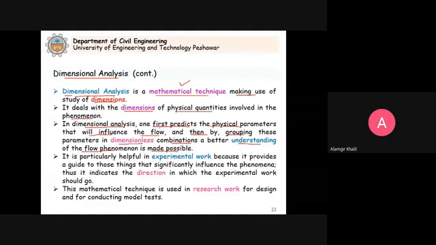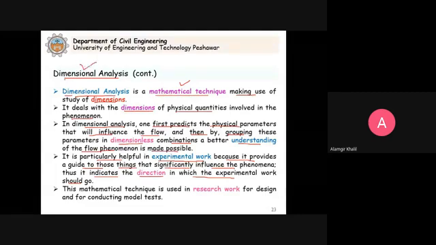So this is important. It is particularly helpful in experimental work, as I already explained, because it provides a guide to those things that significantly influence the phenomenon. Thus, it indicates the direction in which the experimental work should go. For example, you see how much effort is reduced because of this dimension analysis.